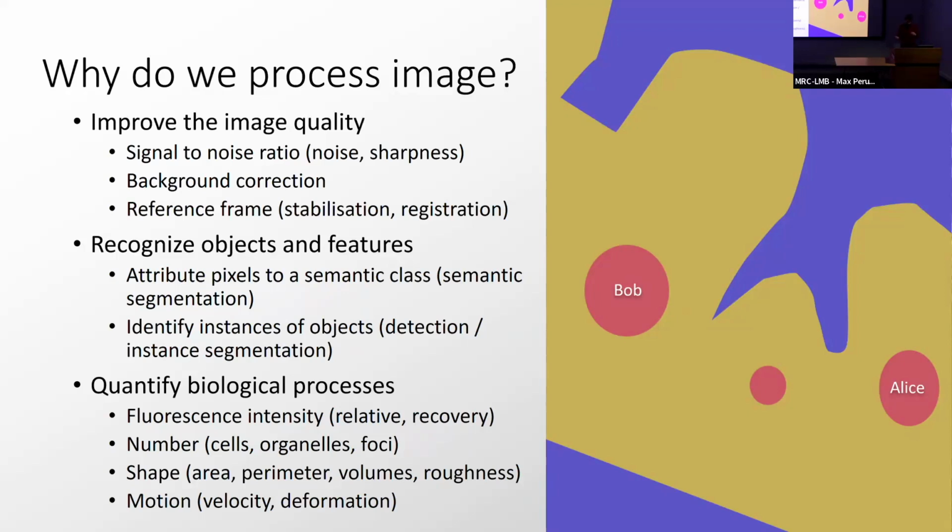You want to count the number of cells, organelles, foci, and their shape. You could think of area, perimeter, volumes, roughness, or whatever shape descriptor you could imagine. And you could also think of how to characterize a motion you have been able to capture with a tracking method, for example.